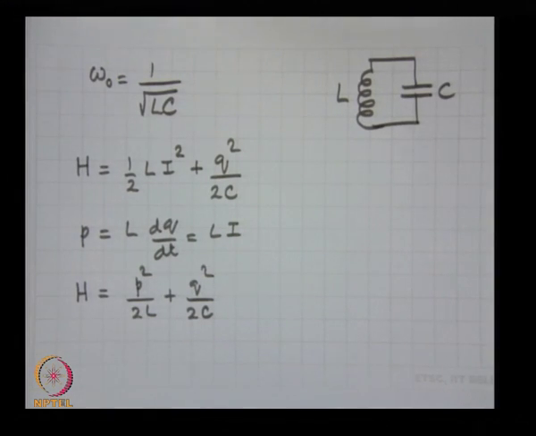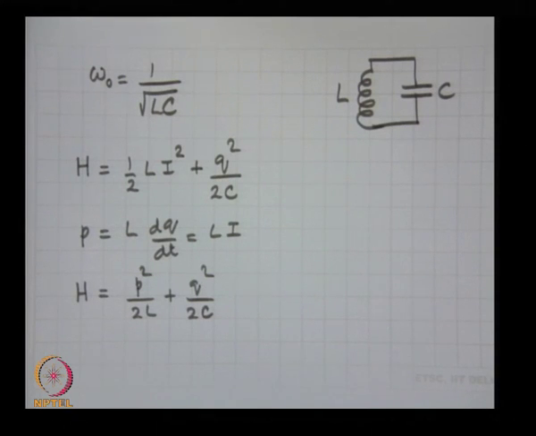Please remember, in a harmonic oscillator, the energy is half m omega square x square plus p square by 2m, because x and p are conjugate variables. They satisfy the Hamilton's equations, which are the classical equations.